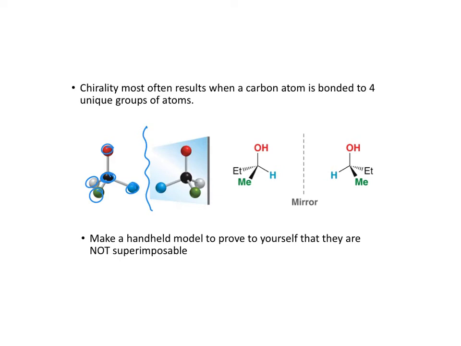So if we have an actual example, here Me means methyl, Et equals ethyl. This carbon is bonded to four different groups: a hydrogen, a methyl, an ethyl, and an OH group. So it does have a mirror image. If we imagine the mirror right here, this would be its mirror image. But if you make this model with your model kit, try to superimpose them on each other and you will find that you cannot. And that's because it's chiral. There's no plane of symmetry.